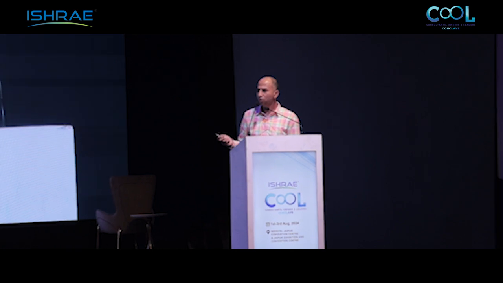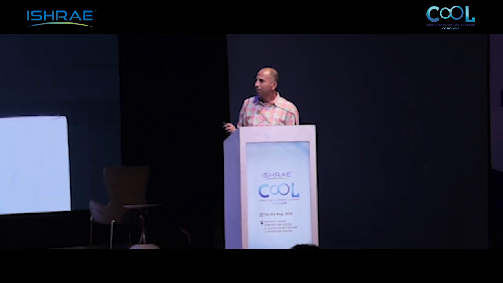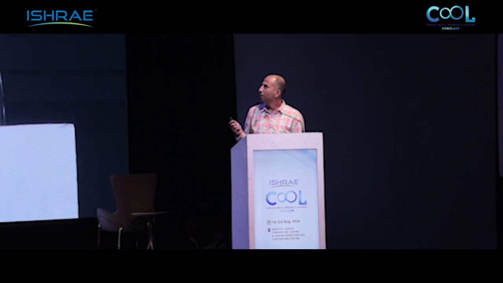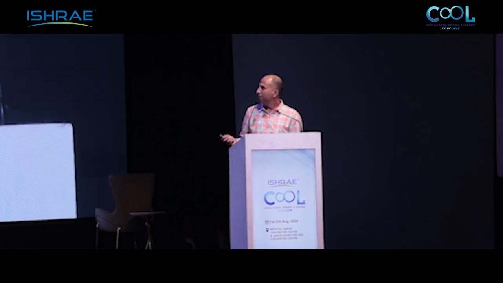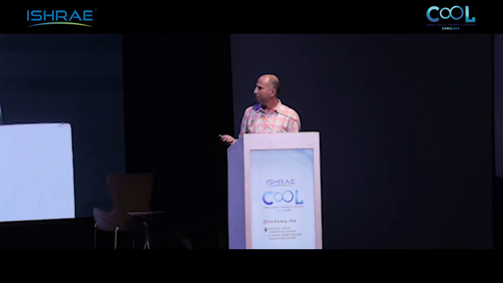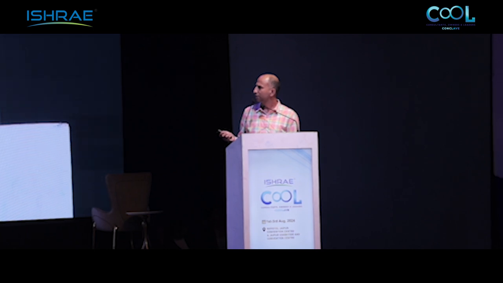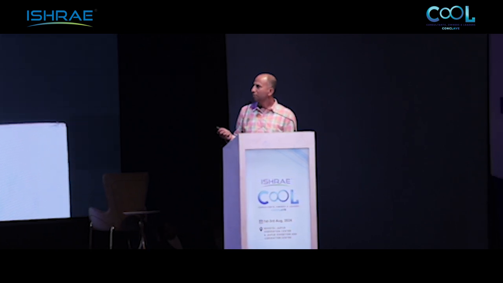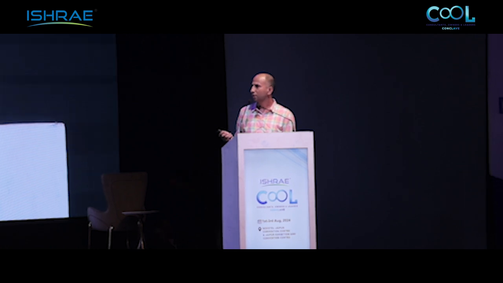So there are a whole host of other environmental parameters that affect thermal comfort: vertical air temperature difference, mean radiant temperature asymmetry, floor surface temperature, airspeed, all of them have an impact on human thermal comfort.